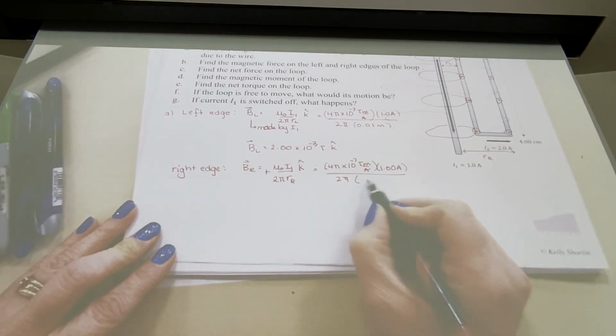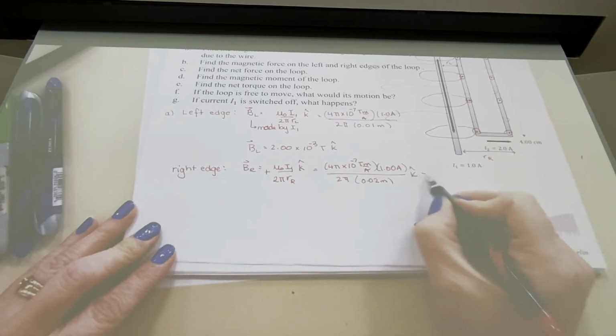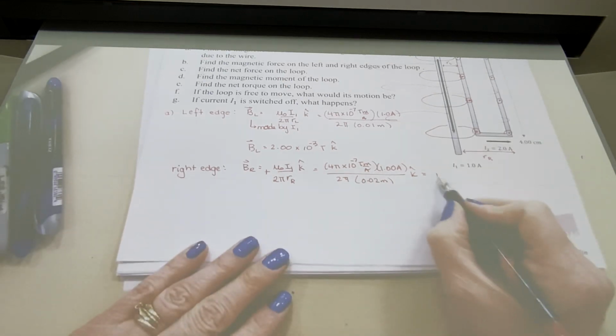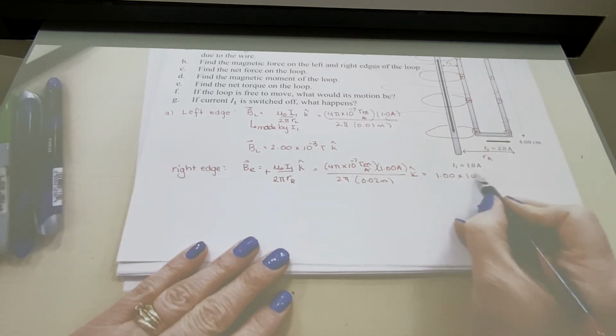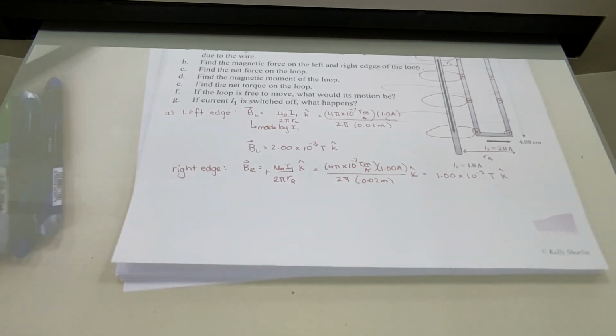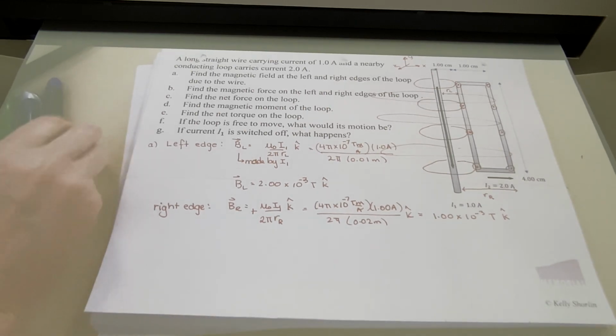This time our distance is 2 centimeters. So at the right edge of the loop, our magnetic field is 1 times 10 to the minus 3 Teslas K. Okay, so wire 1 makes a magnetic field that points out of the page where the loop is, and there's the strength on either side. Questions there?